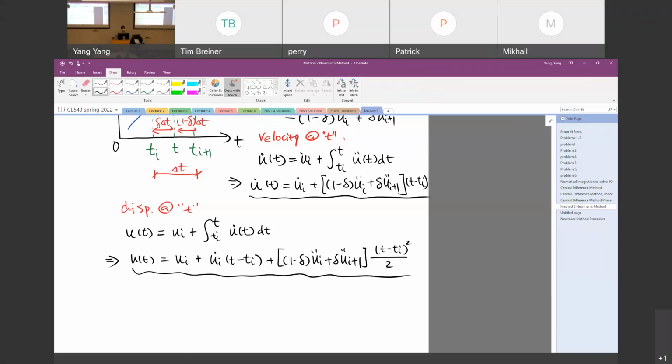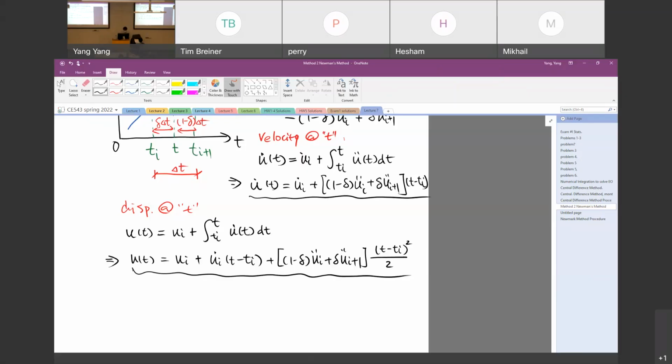Does this make sense? So the numerical method starts from the acceleration, and based on the acceleration, we can derive the velocity and the displacement at any arbitrary time within a time step that we have already selected at the start of any program. Any questions up to here?